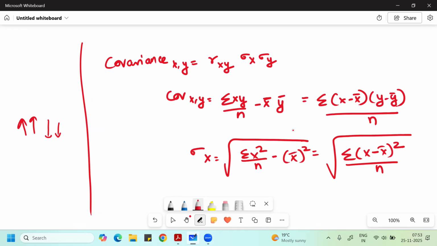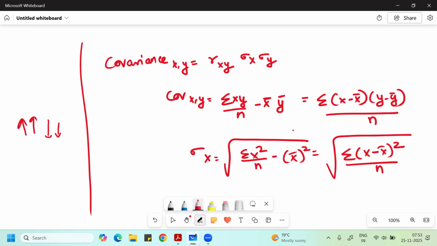Covariance, as such, you can calculate mathematically. I told you the formula, but when you come to interpretation, if two variables have a covariance of 0.6, what does it mean? It does not give you any clear-cut mathematical indication.